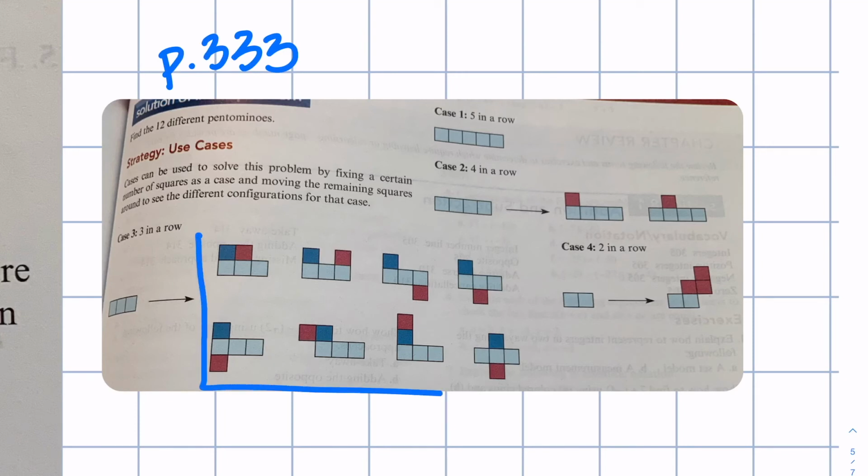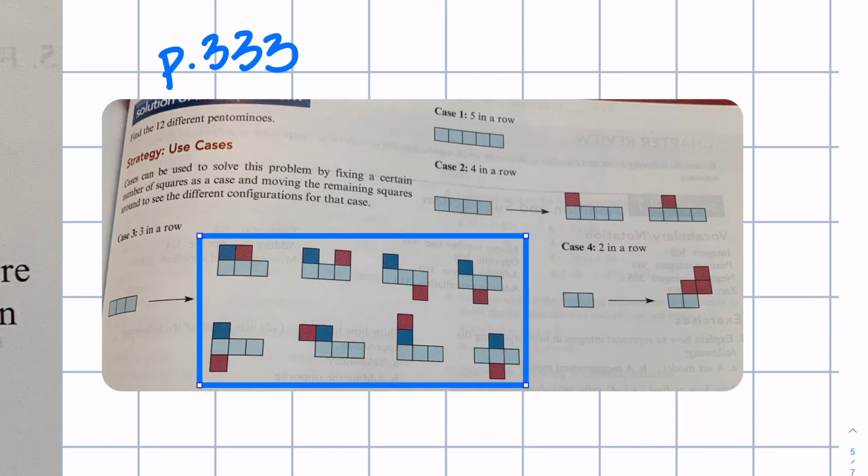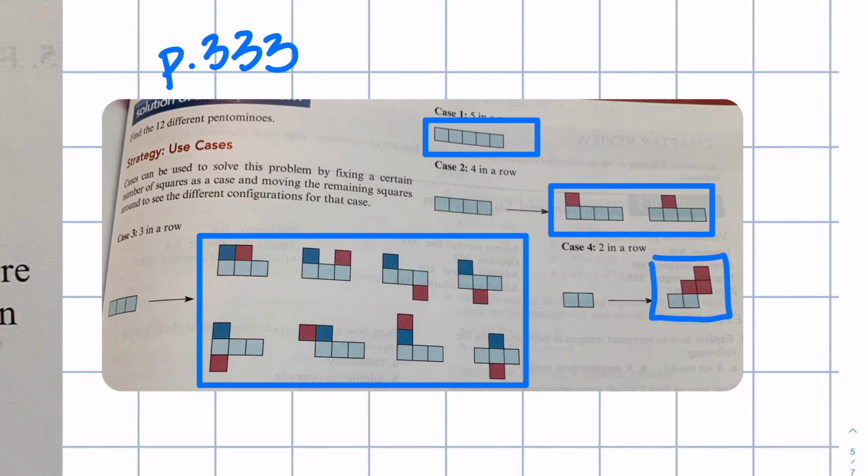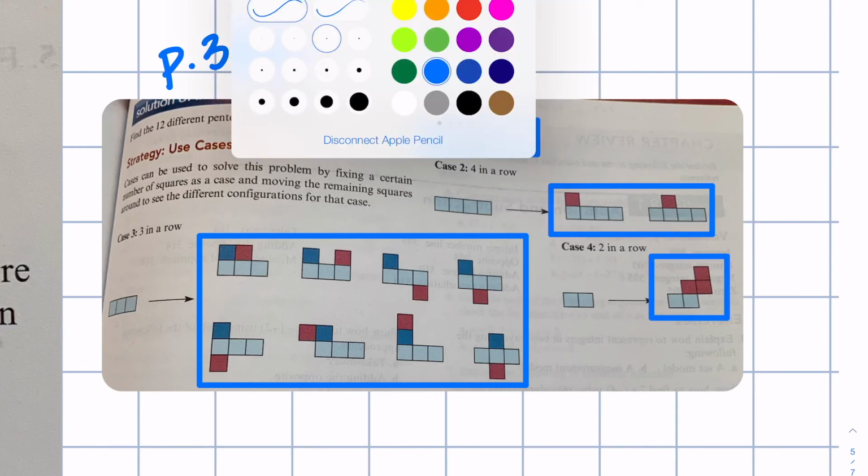So here's a bunch of them. So here's the first 1, 2, 3, 4, 5, 6, 7, 8. So these are with 3 in a row. They broke it down into different cases when they found them. There's that one, and then there's these 2, and this one. So these are the different pentaminos. Okay, so let's see which ones have reflection symmetry.